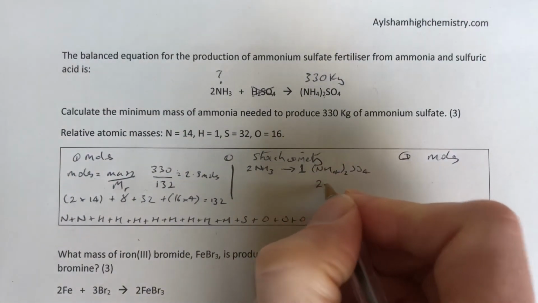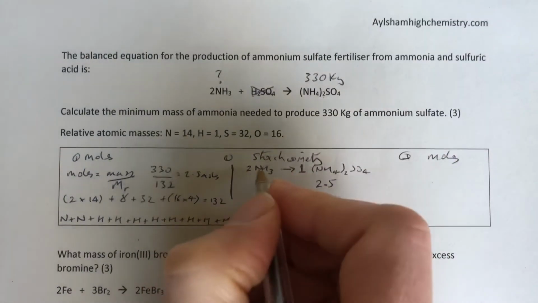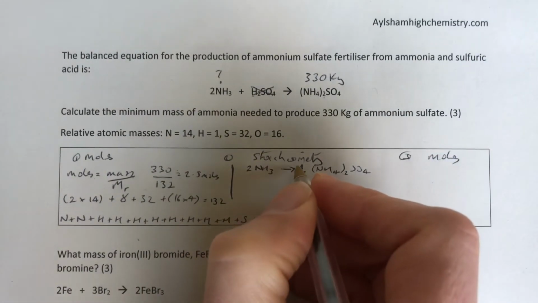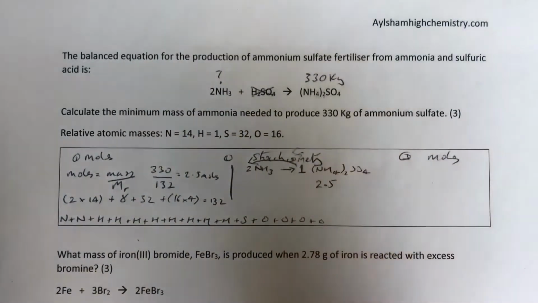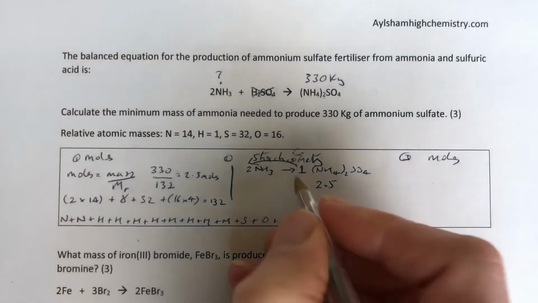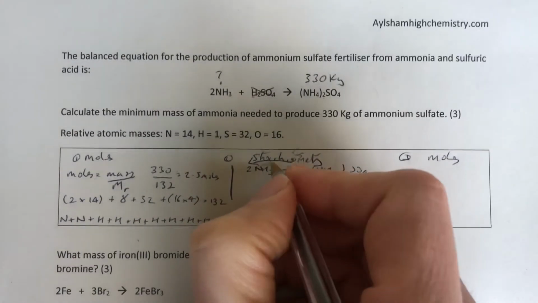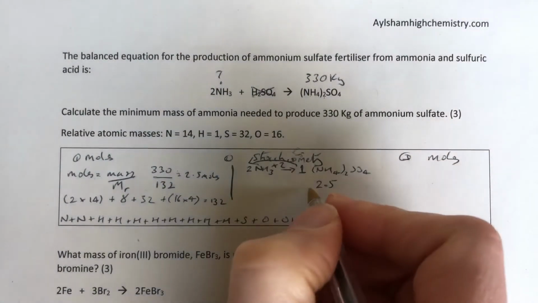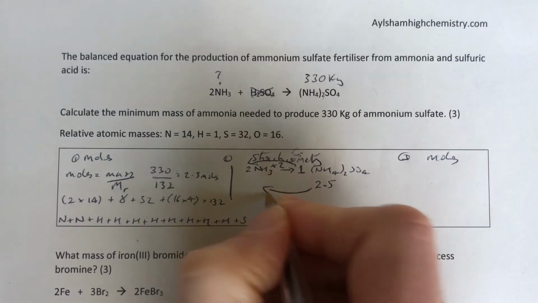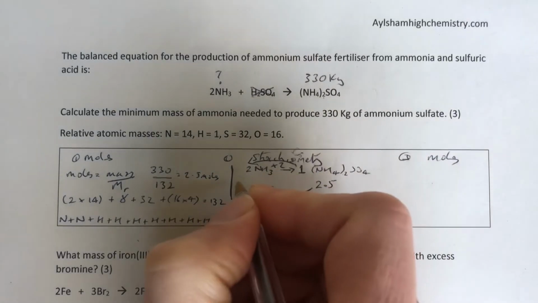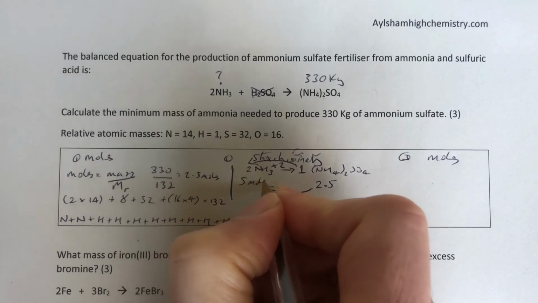So we've got 2.5 there. The question mark is the ammonia. So we're going from 1 to 2. How do we go from 1 to 2? We have to multiply by 2. So whatever we did to get from 1 to 2, we have to do to our 2.5 now. So 2.5 times 2 is 5 moles.